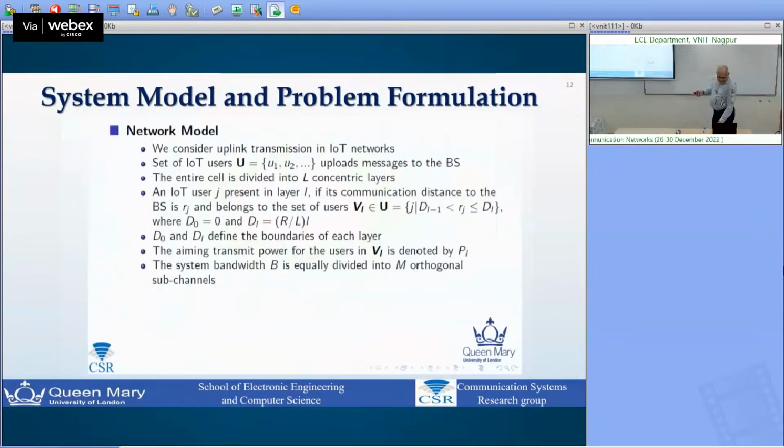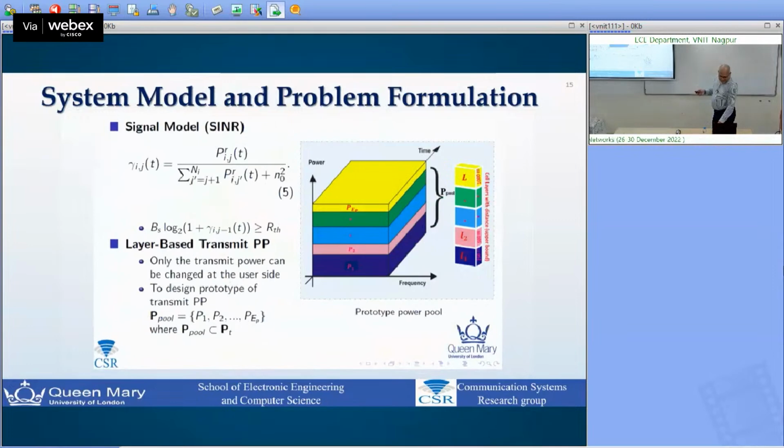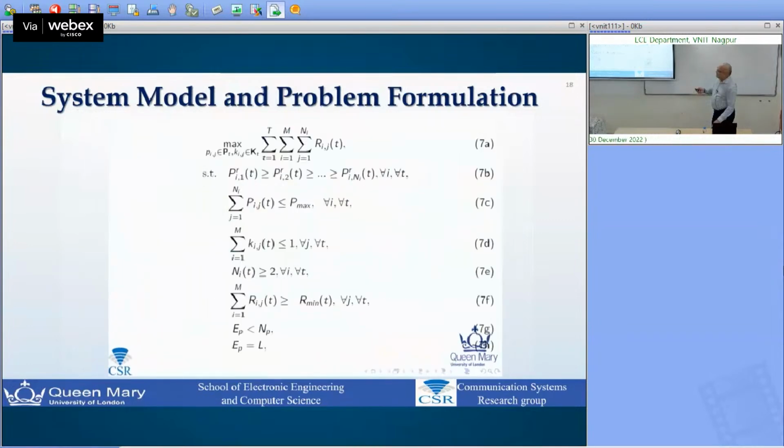We formulated the problem like this. We are going to have some rate: M sub-channels for certain time slots, and each sub-channel has a number of IoT devices. We maximize the sum rate subject to these constraints.